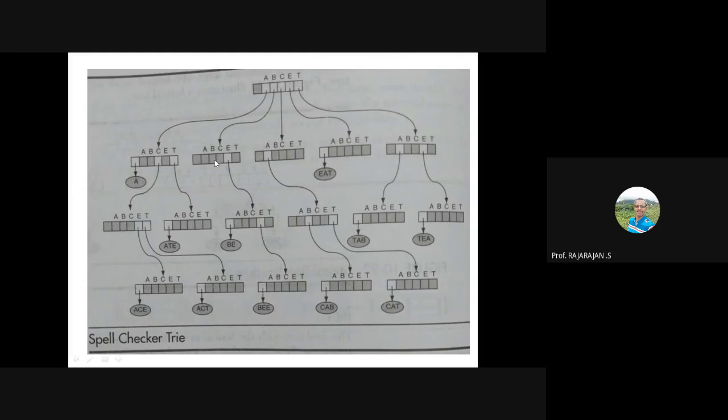But now when you want to include BAT, you have to make it not null and extend it to the next level. And in the next node, you have to make T not null, and then include the word BAT in that particular node, as a leaf. So likewise, you may have to construct a trie structure for the given example.